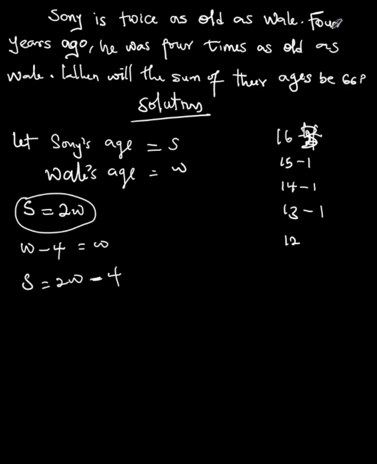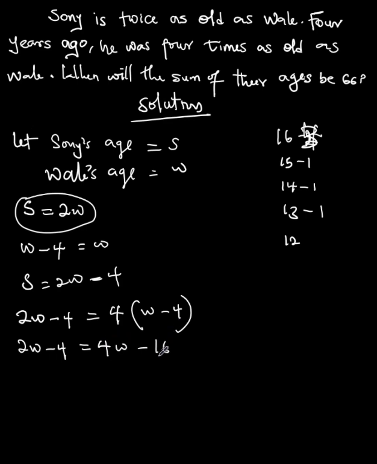Now, but the instruction says 4 years ago, Sonny was 4 times as old as Wally. 4 years ago, Sonny, 2W minus 4, is equal to 4 times Wally 4 years ago, right? So that would have 2W minus 4 will equal 4 times W, 4W minus 4 times 4, 16.